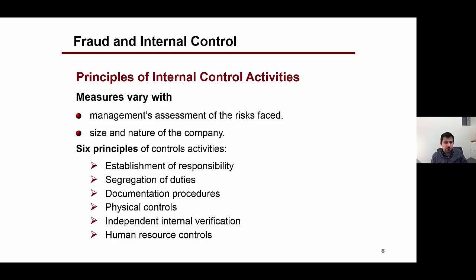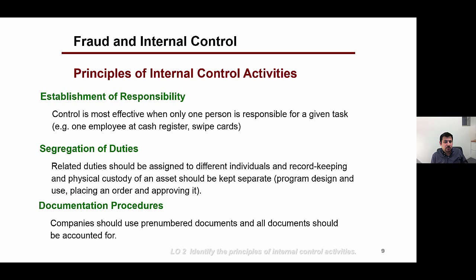Independent internal verification is where companies use, for example, internal auditors or other third parties from within the company to verify the information from 2 different sources, and basically to make sure that the documentation and the numbers or the cash that was handled were correct. And finally, certain human resource controls, which are for example, background checks, etc. So like we said, establishment of responsibility is very important.